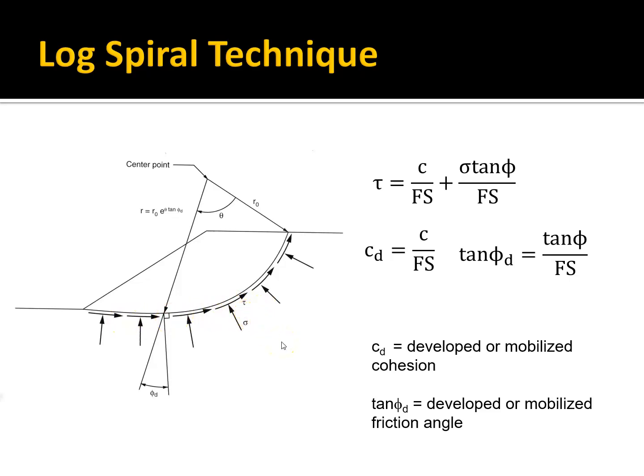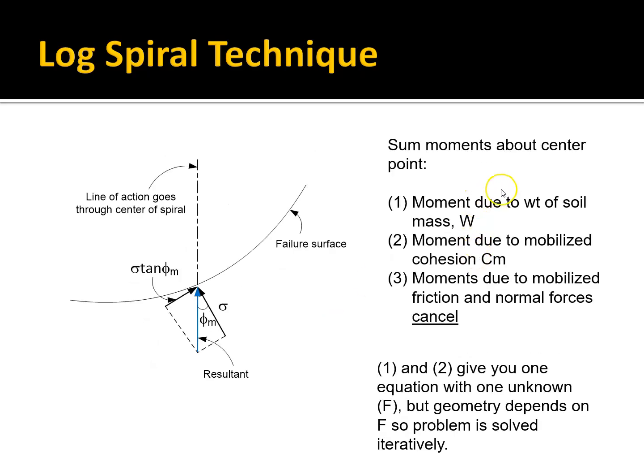And so even though there's friction here, the equations end up simplifying to a moment due to the soil mass and a moment due to the mobilized cohesion. So we have one equation and one unknown. Now, so simple equation, right?